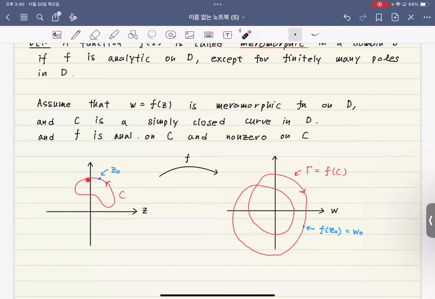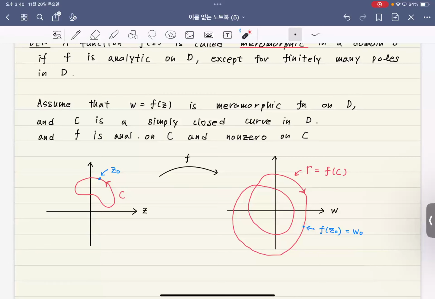As I travel and make a full circle, the image will also travel like this. So this is negatively oriented. As I move from here to there, the image will also move from here to there, and eventually I will end up at this point.